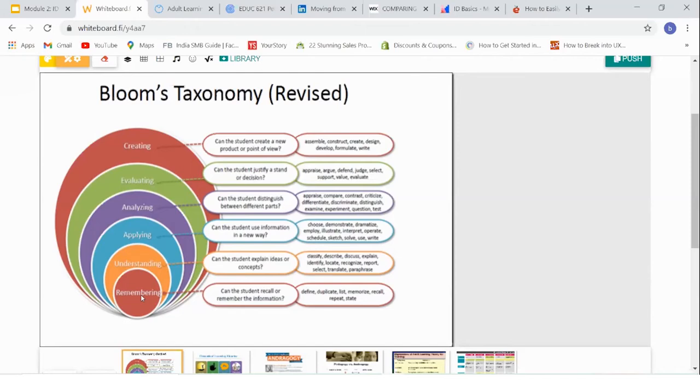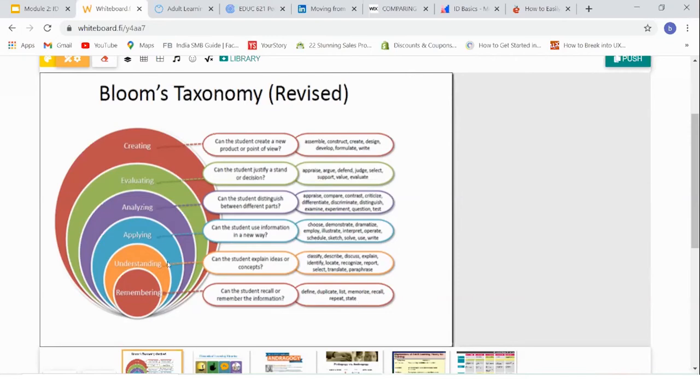These are the corresponding examples. Like you just want the student to remember some names of cities. So you will write, list the names of so and so cities, or state the name of the capital of Maharashtra. This is how you will write the objective.